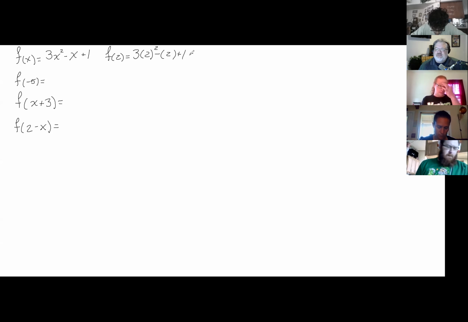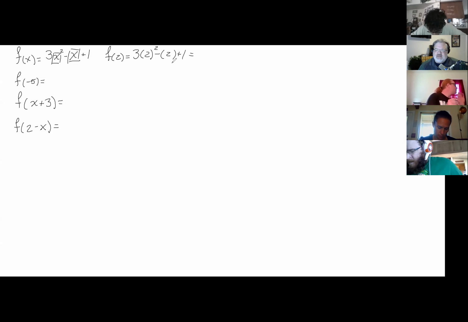Now, it's not vital, but notice I did put these parentheses here. These parentheses aren't necessary, but it's a good habit whenever you have something you're substituting into a variable to remember that everything that's happening to that variable is happening to that value or expression that you're putting in.